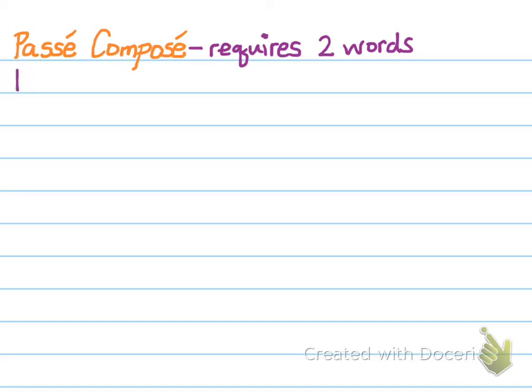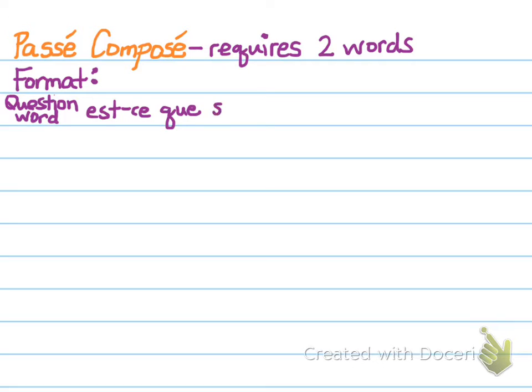And so the format of the passé composé, and again, remember, we've also learned it with questions, so I'm going to put that question part in there, right? So we could have our question word, we could have est-ce que, and remember, if it's not a question, then this stuff just won't be there.